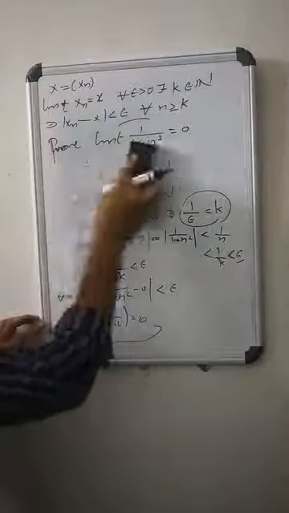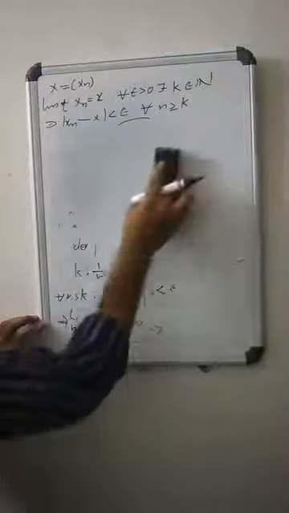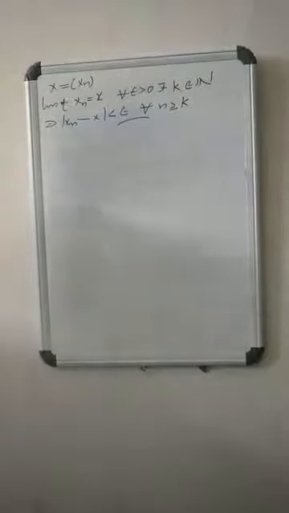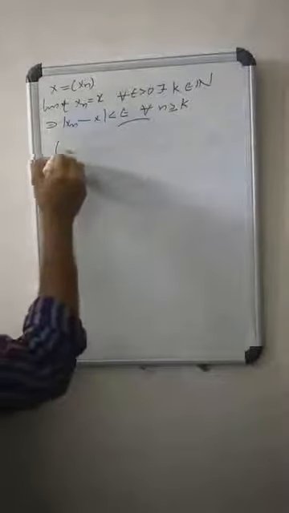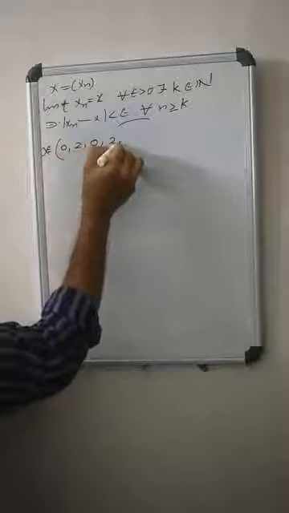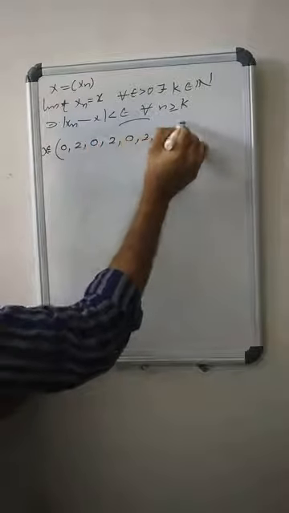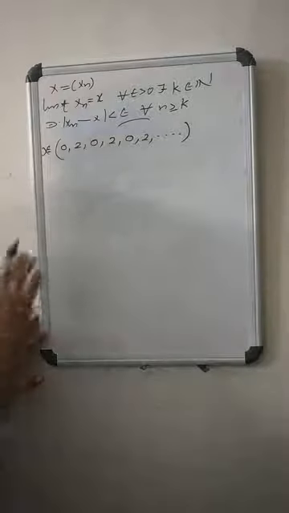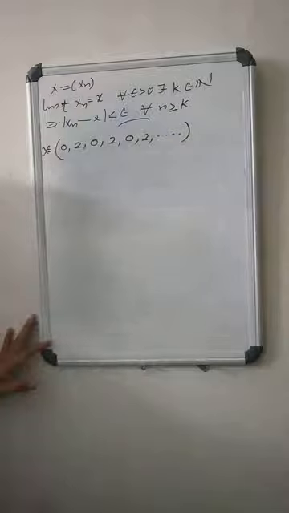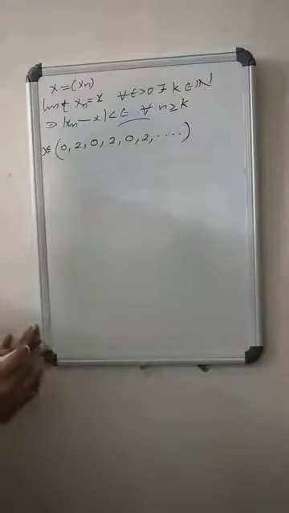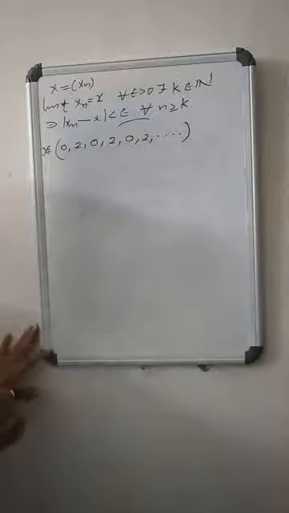Now, we consider a sequence. Consider the sequence x equals 0, 2, 0, 2, 0, 2, etc. We want to prove that the sequence does not converge to 0. How? Assume that the sequence converges to 0.